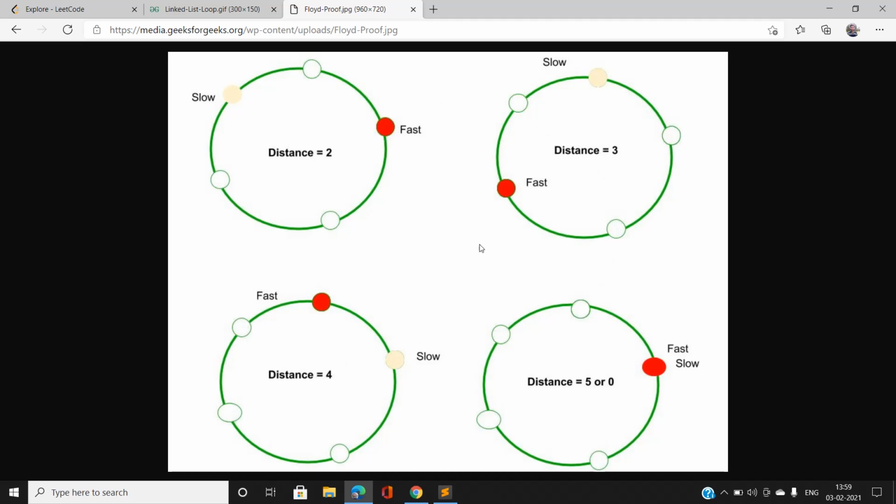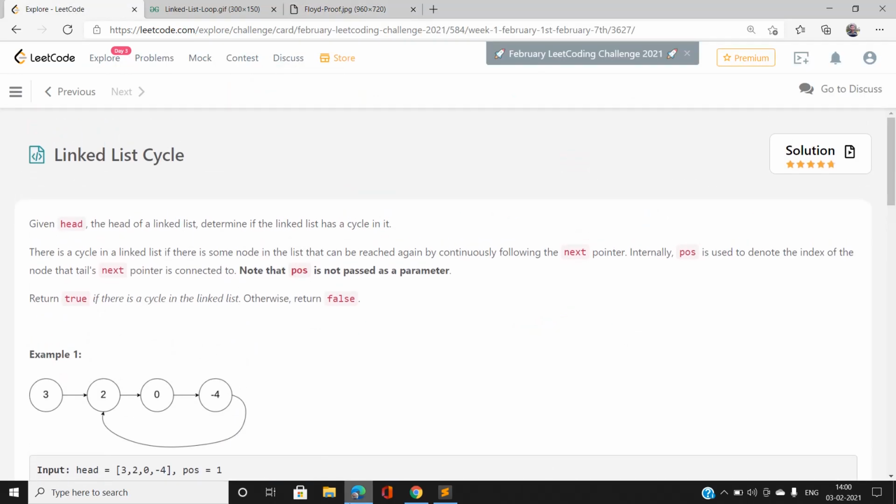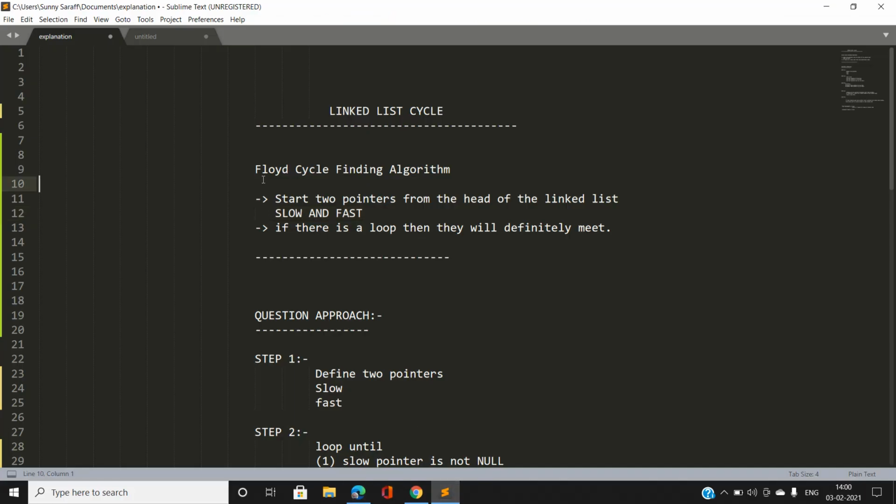When the distance between the slow pointer and the fast pointer equals the length n of the loop, we can claim that there is a loop in the linked list, and we return true as our answer. So this is the basic logic of this question, and this is the fastest algorithm to find a cycle in the linked list using constant memory, because as you can see we are not using extra memory here.